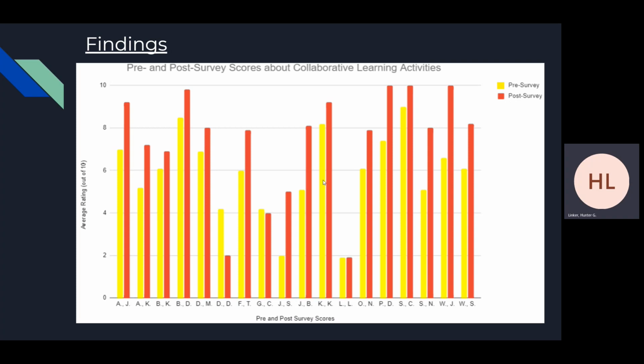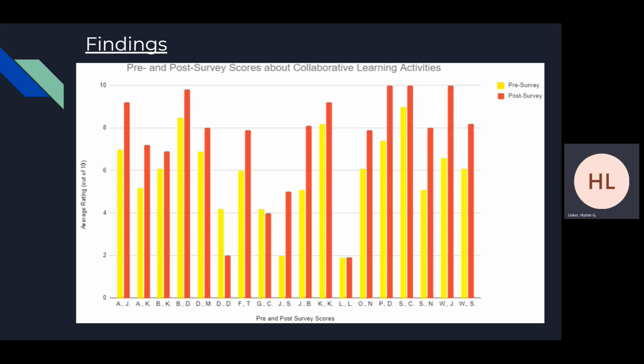And finally, we have the pre and the post survey scores. So these were how I gauged my students' overall perceptions about group projects. I gave them a pre-survey before we did any of the collaborative learning activities, and I gave them a post-survey the day after we finished our last activity.